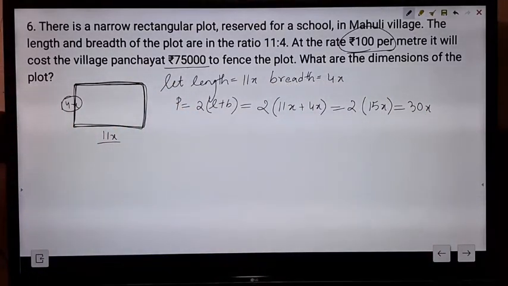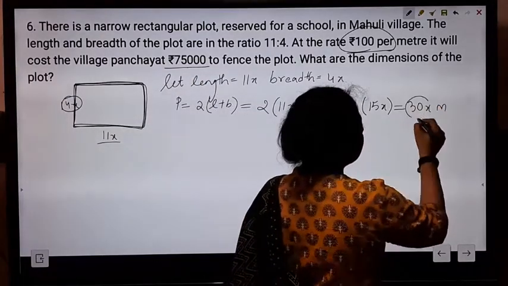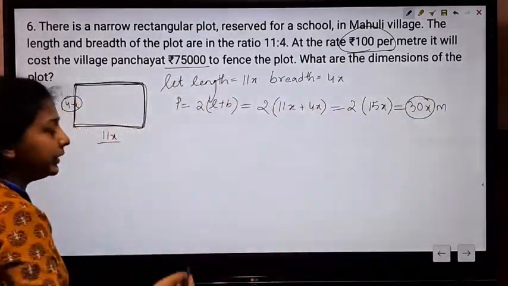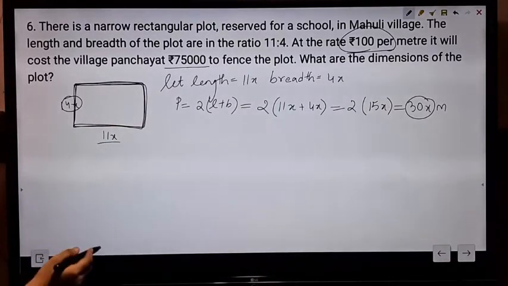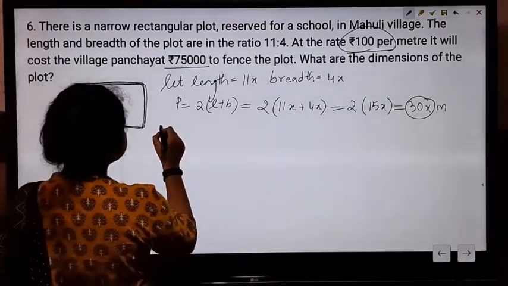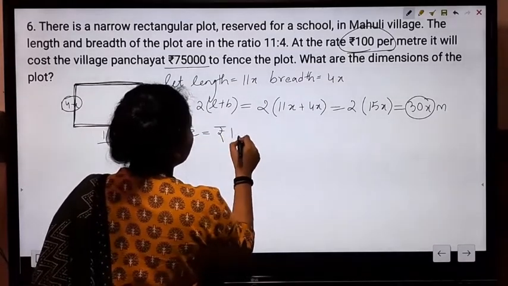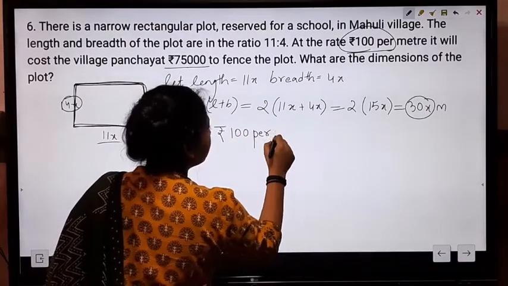Next, at what rate does it have to be fenced? At 100 rupees per meter. This perimeter is in meters. The total perimeter is 30x meters, and at the rate of 100 rupees per meter, this has to be fenced. So rate equals rupees 100 per meter.